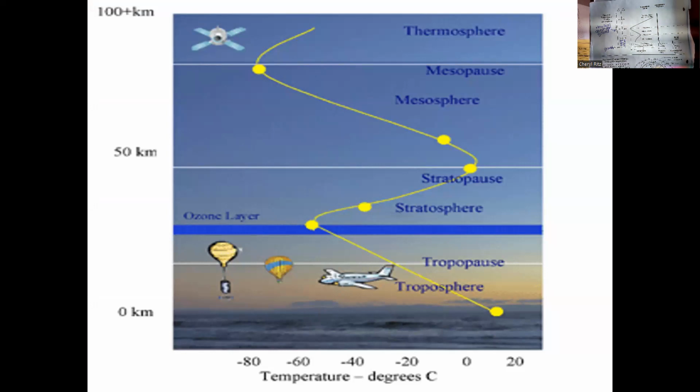There's hot air balloons. I don't think hot air balloons and planes can be at the same height, but maybe they can. Here's a weather balloon. Here's some satellites. So you can get an idea of what it would look like, traveling in an airplane or a balloon, getting higher and higher in the atmosphere.